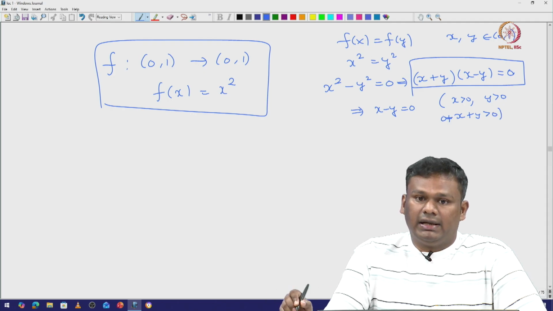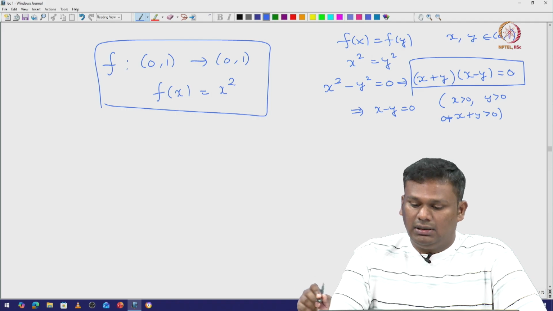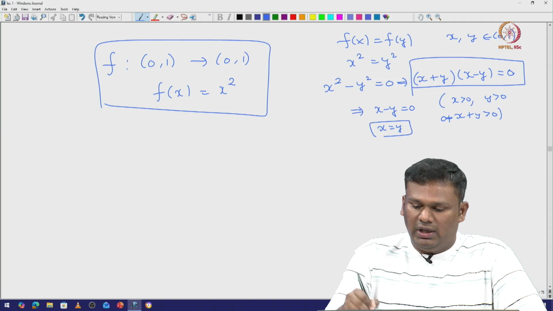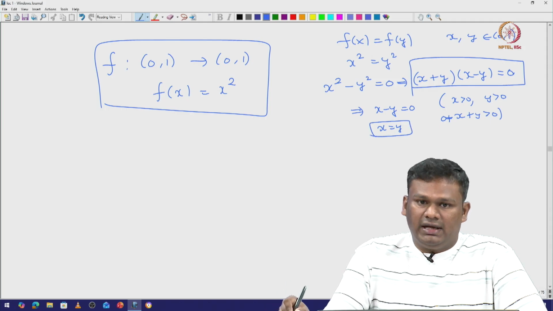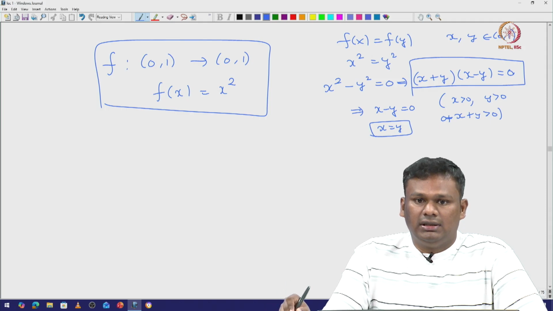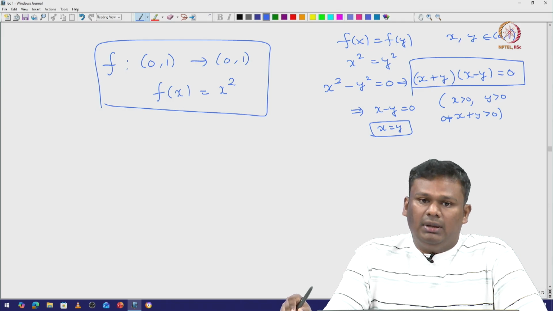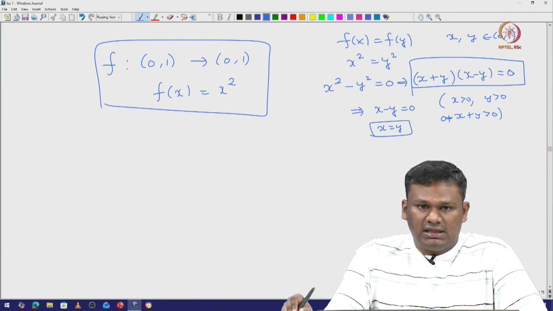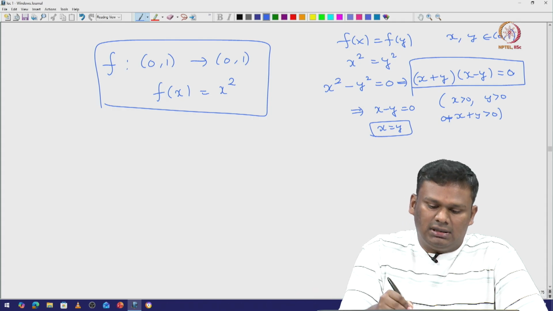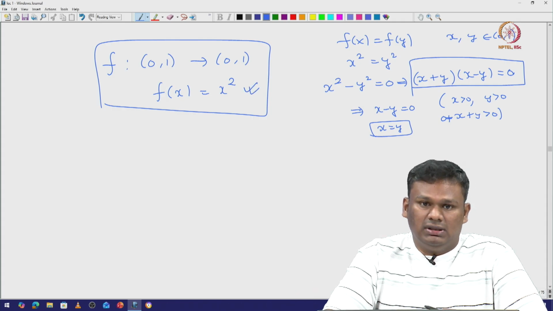So, I can cancel that out and get that x minus y is 0. That means x equal to y. So, this proves this function f is injective. But if we want to talk about surjectivity of this function, then some more information about the nature of this function is actually required.